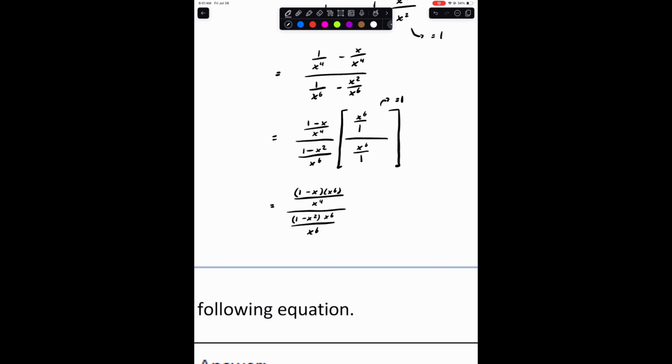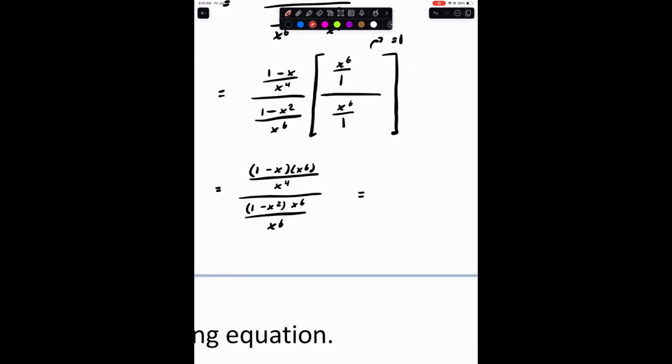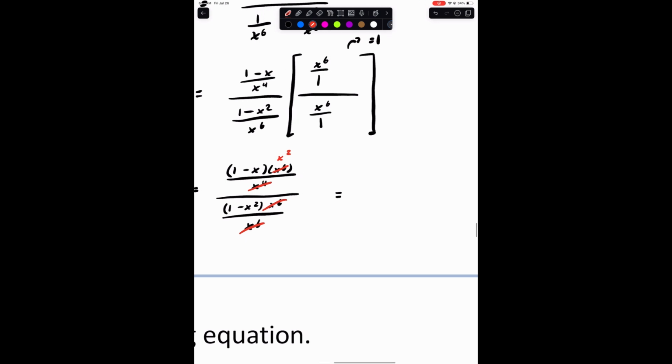And when I simplify this, this goes away, and this becomes an x squared. These two just go away entirely, right? So I get 1 minus x over 1 minus x squared.